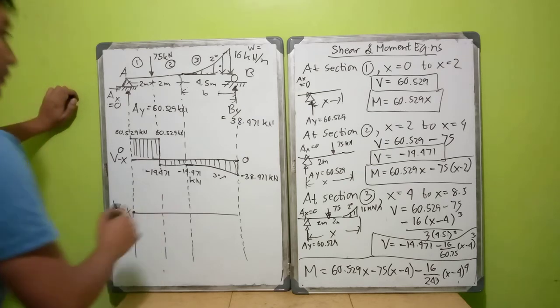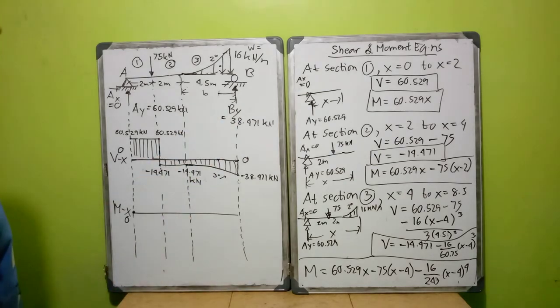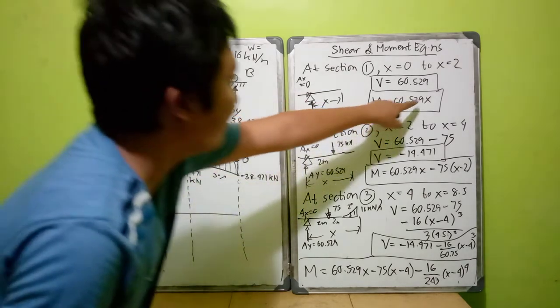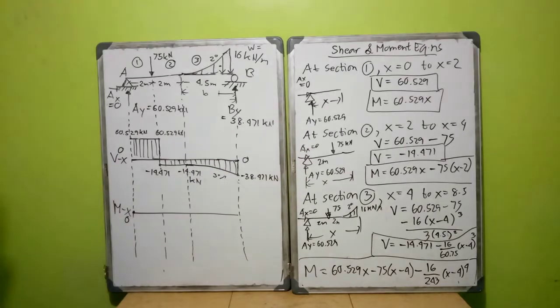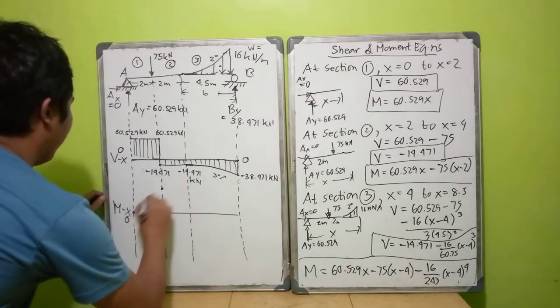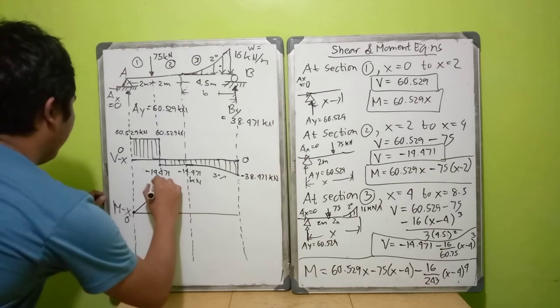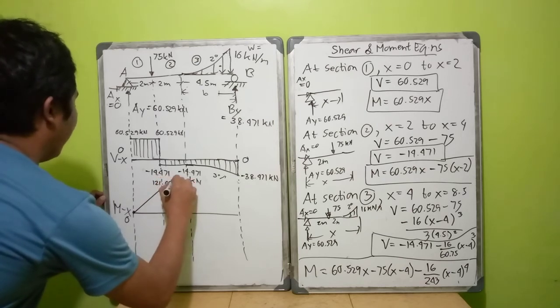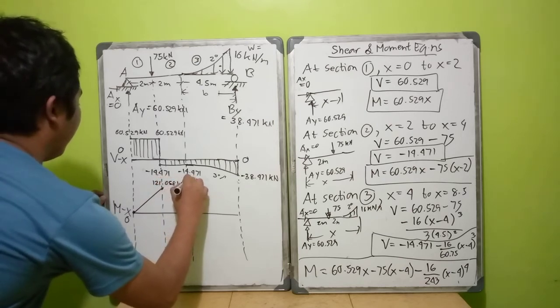At the end point, which is 2 meters, your M is 60.529 times 2, which is 121.058 kilonewton meter. Let's put it here.